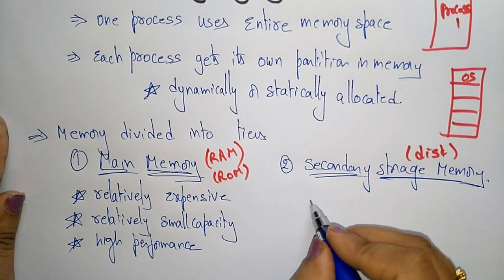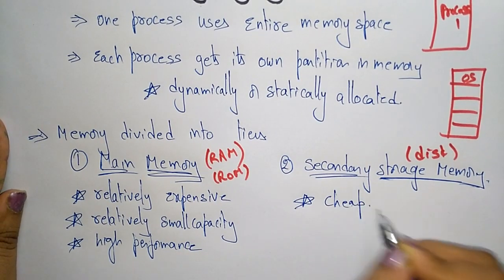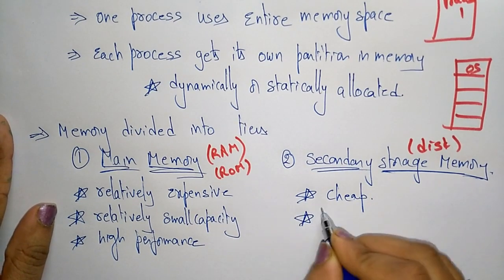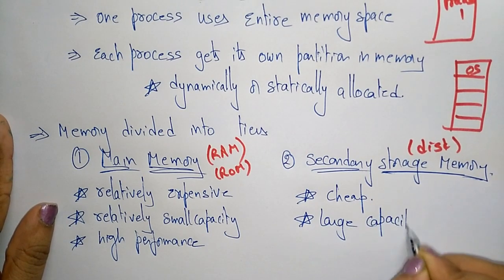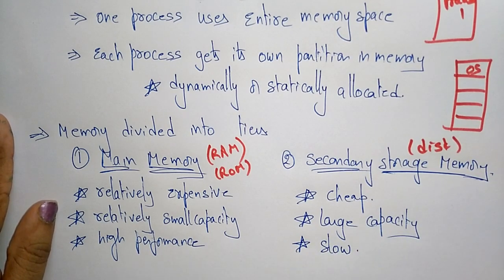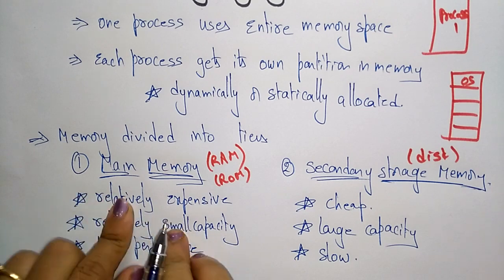Coming to the secondary storage memory, it is cheap when compared to main memory. The cost of the secondary storage is cheap, and it has large capacity. It can store a large amount of data, but its performance is slow when compared to the main memory. So the main memory requires careful management. Memory organization is done on main memory.